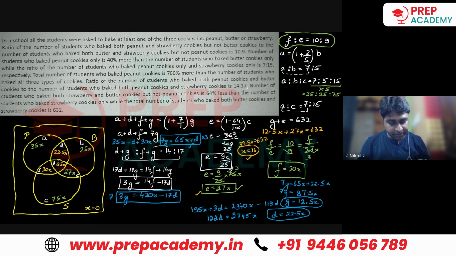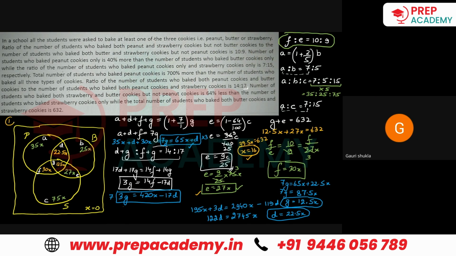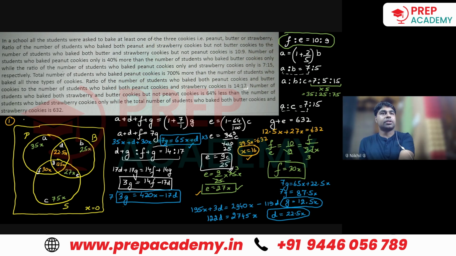Is this the answer? 2312, yes. So how many use strawberry cookies? The answer would be 75x plus 30x plus 12.5x plus 27x, which is 144.5x. Just put the x value as 16 and you'll get your answer.